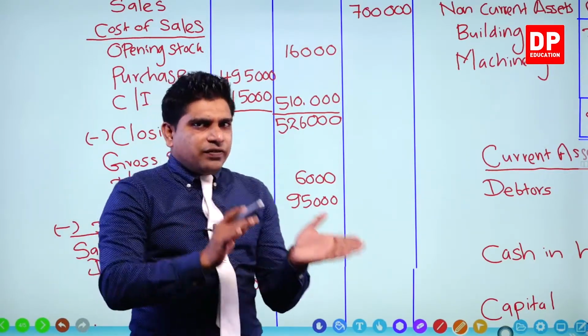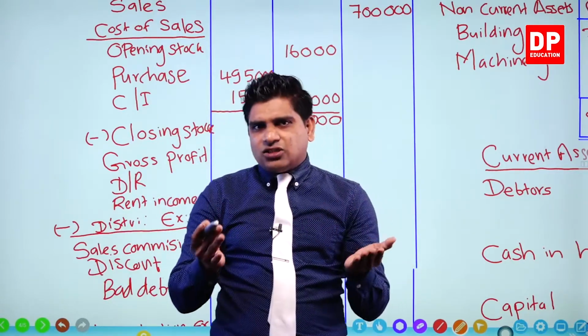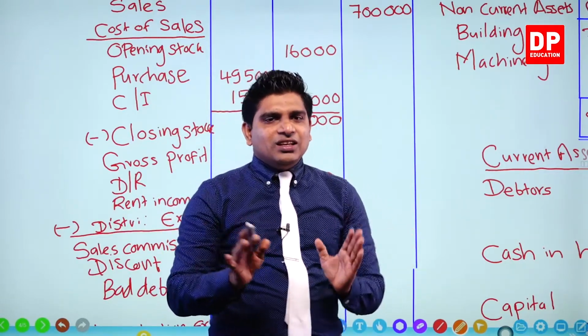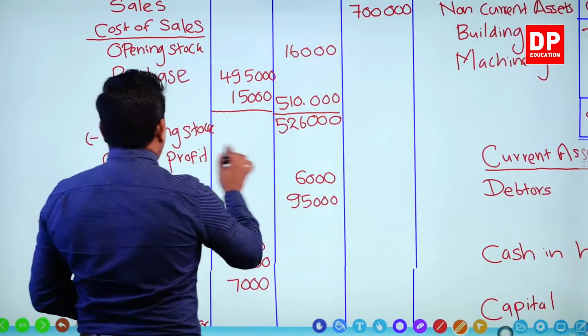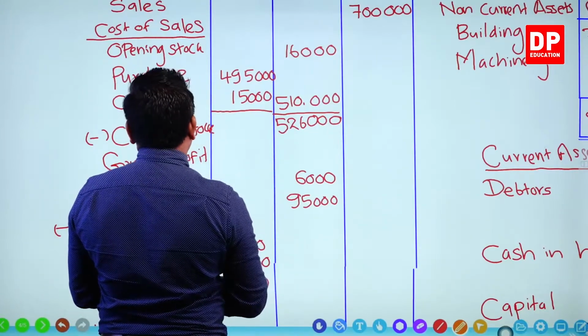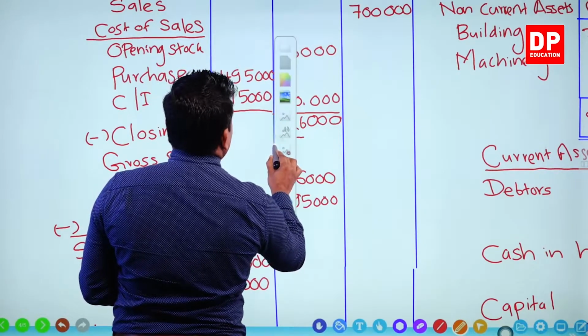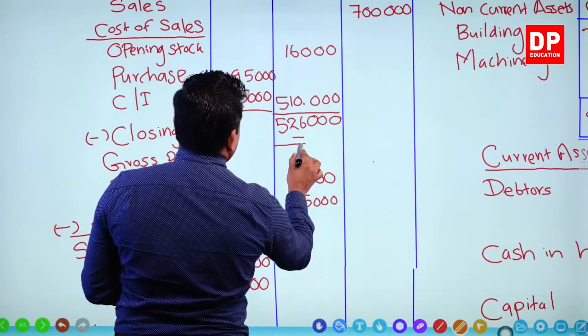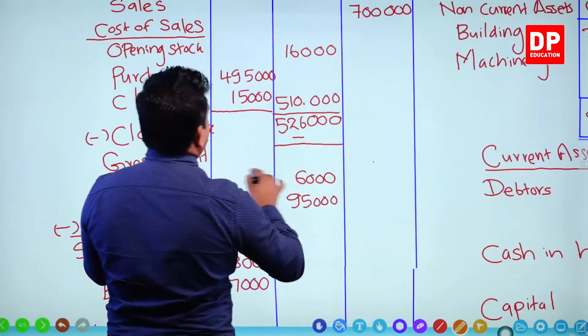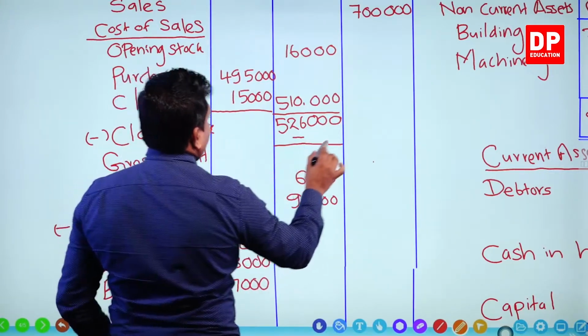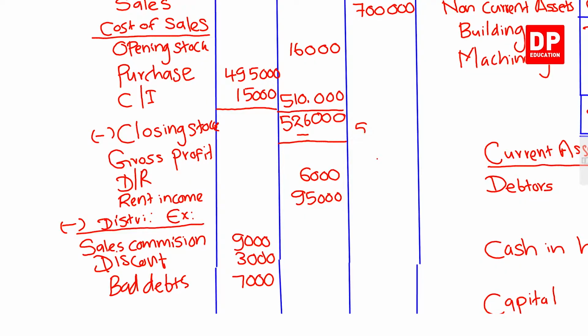Here I have written closing stock. Actually, have they given us closing stock? No, not given. Then you neglect it. No closing stock, right? Then you can bring the same value to the next column. No closing stock, so cost of sales also how much? 526,000. This is the cost of sales.